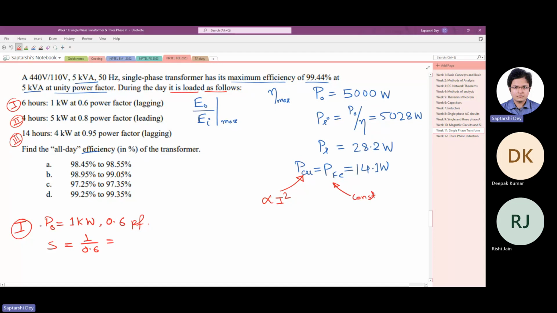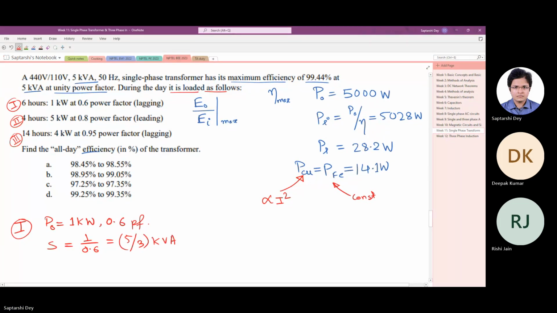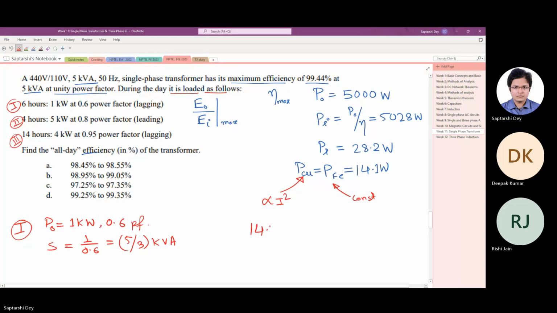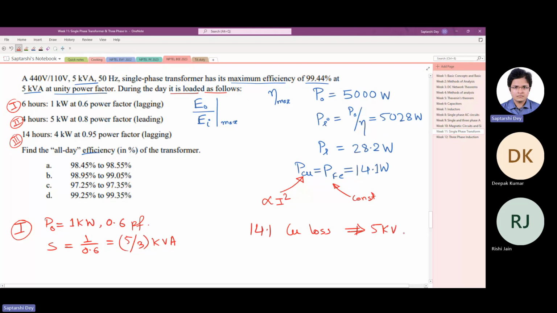This will decide the current because the reactive power is also flowing, right? So for 6 hours, this much kVA is there, whereas we got 14.1 watt of copper loss when there was 5 kVA load.